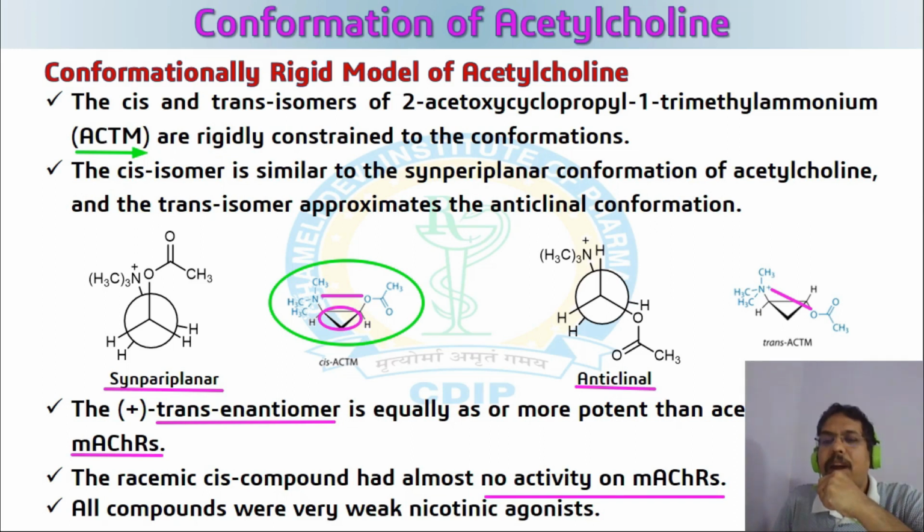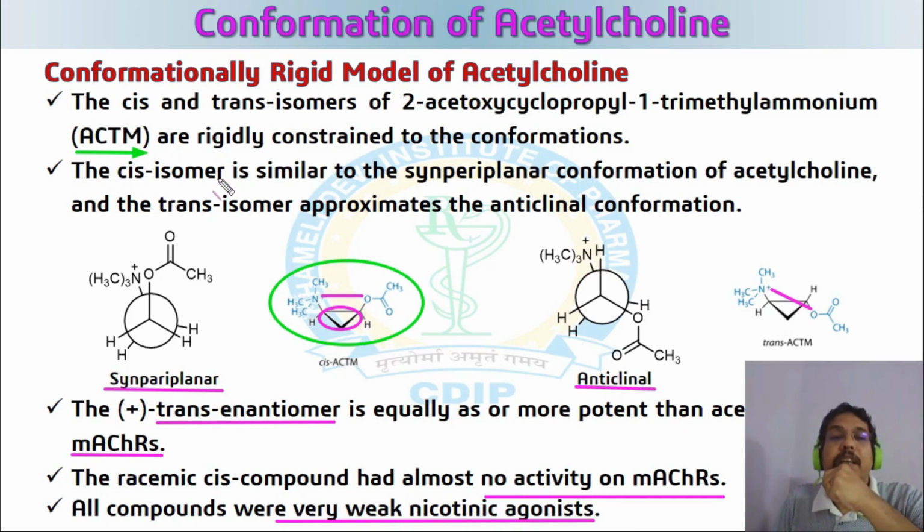And similarly, if you look at the nicotinic receptor, then all the ACTM compounds, whether the cis enantiomeric form or cis geometry, or the trans enantiomeric form or trans geometry, are very weak nicotinic agonists because the distance still does not reach 5.9 angstrom, and they are not showing binding towards the nicotinic receptor.